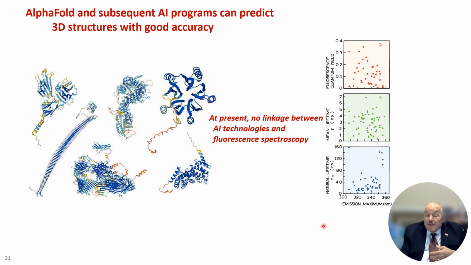Stated more simply, knowing the sequence of the protein did not allow you to predict the three-dimensional structure of the protein. Artificial intelligence is changing this.